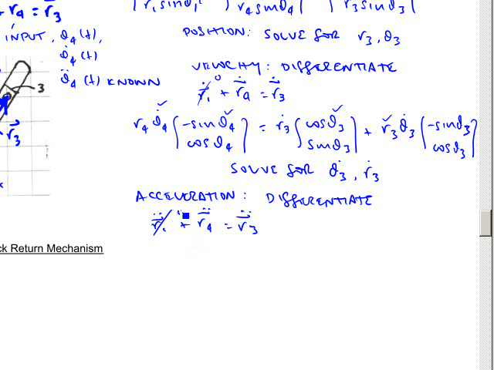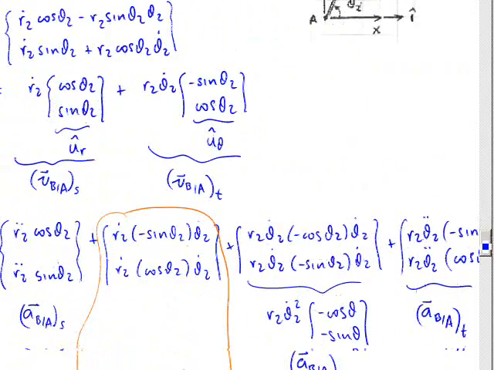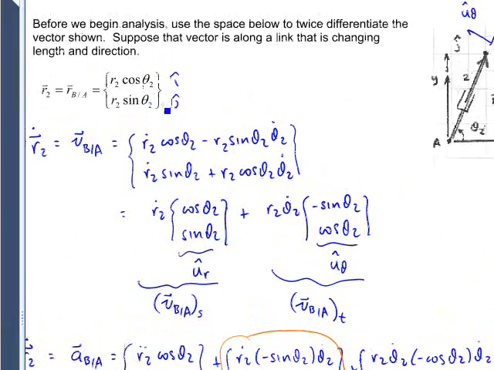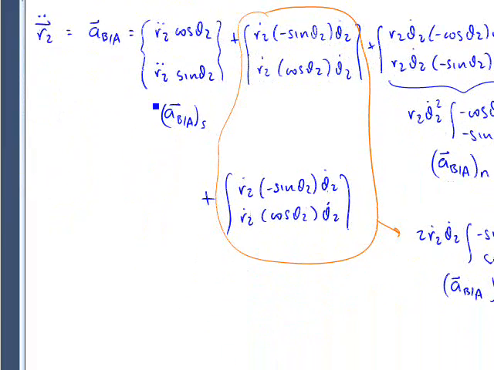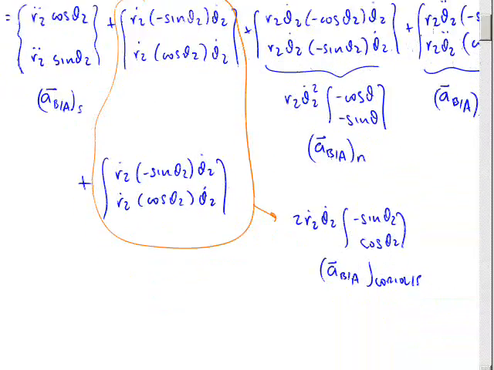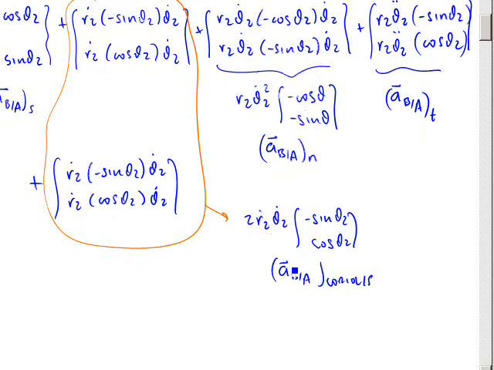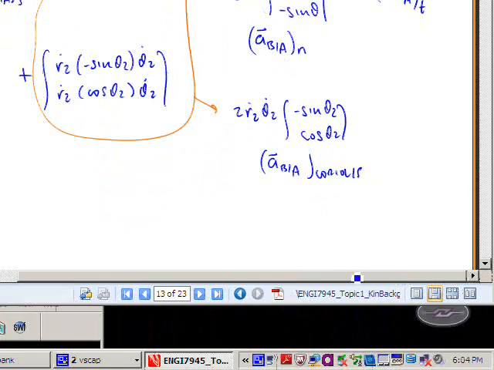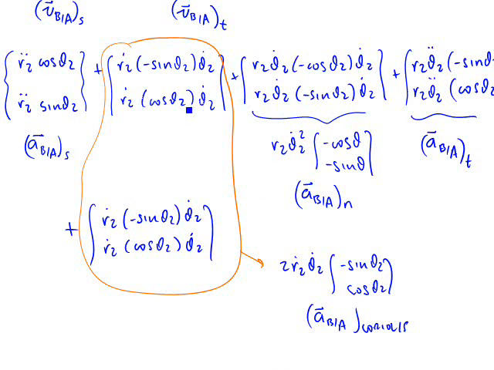What's an r double dot of a vector that's written as r cos theta i plus r sine theta j? Well, we worked that out last class as well. The general r double dot is going to have a sliding bit, a normal bit, a tangential bit, a Coriolis bit, and I guess that's it. Right. Sliding, normal, tangential, Coriolis.